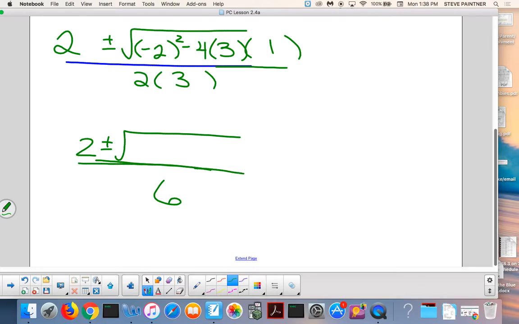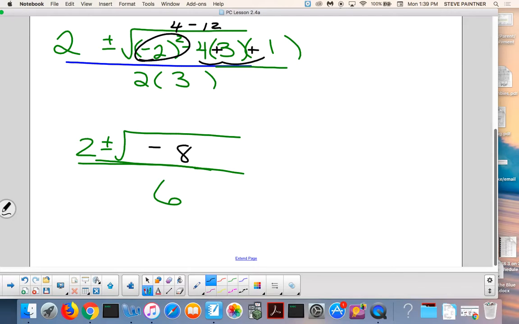What's inside? This is 4. Negative times positive is negative. 12, 1, that's 12. So you're getting what? You should have got negative 8. Move across.